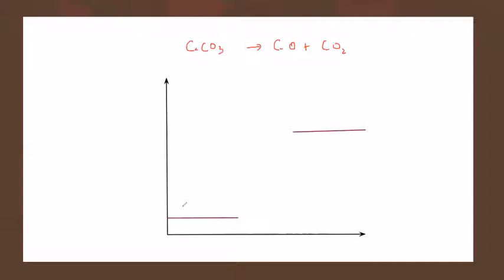And what happens during this reaction: you have calcium carbonate and you get calcium oxide plus carbon dioxide. The minimum possible energy required to start this reaction is called activation energy. When we break the bonds, according to bond energy, we should have calcium in a gaseous state, carbon in a gaseous state, and oxygen in a gaseous state.